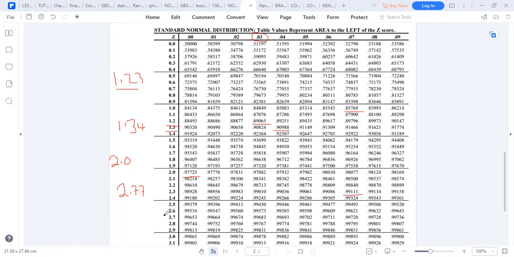Now, the application of these tables comes here. You'll be given a scenario question to say, suppose the mean is 10, the standard deviation is 3. Find the probability that X is greater than 13.